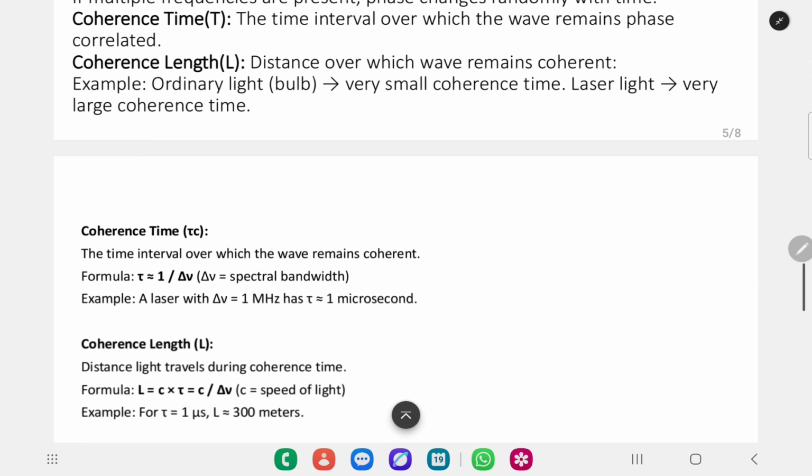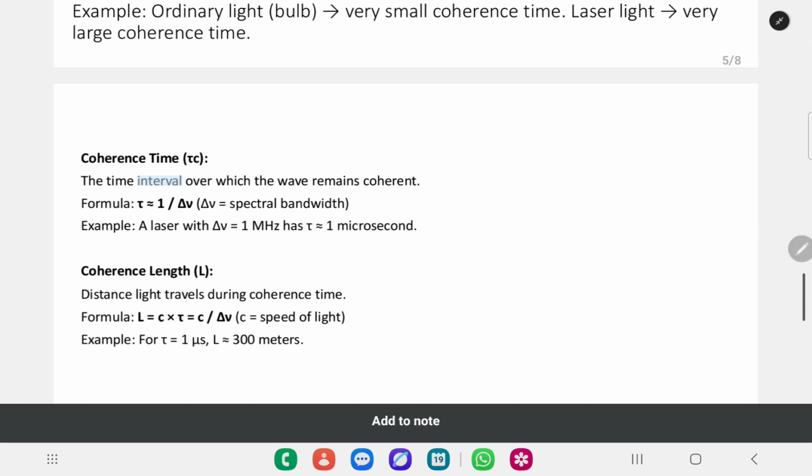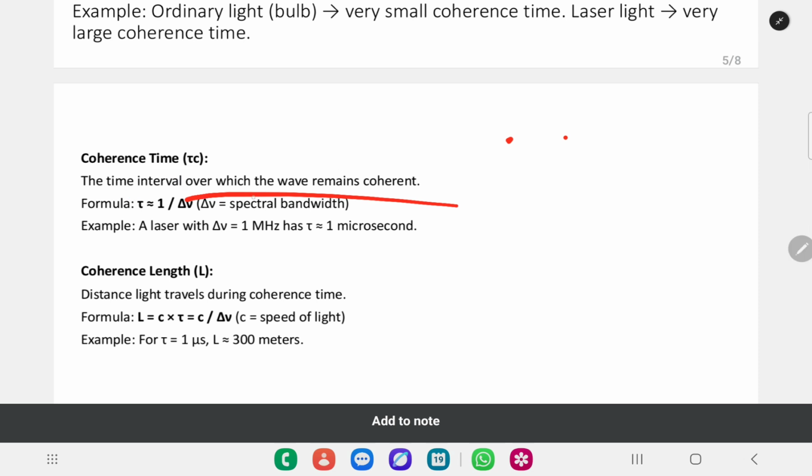Next, coherence time: the time interval over which the wave remains coherent is called coherence time, denoted by tau or tau c.